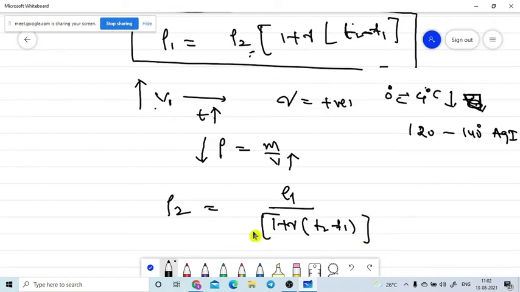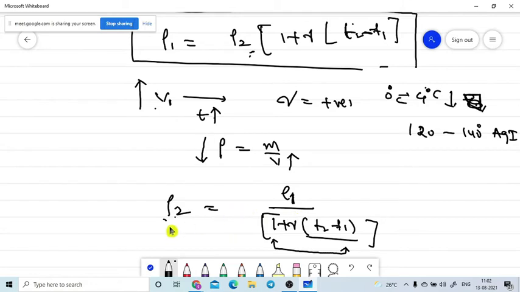So will you please look at this one. While temperature increases, this term is going to be more than 1. If this total term is going to be greater than 1, this rho 2 term will be lesser than rho 1. Are you getting or not?